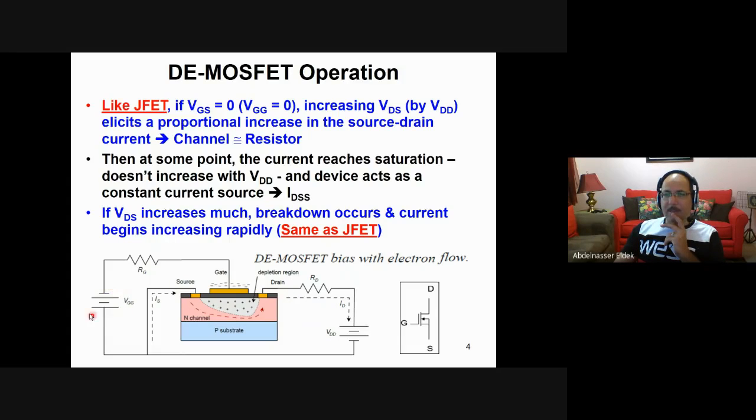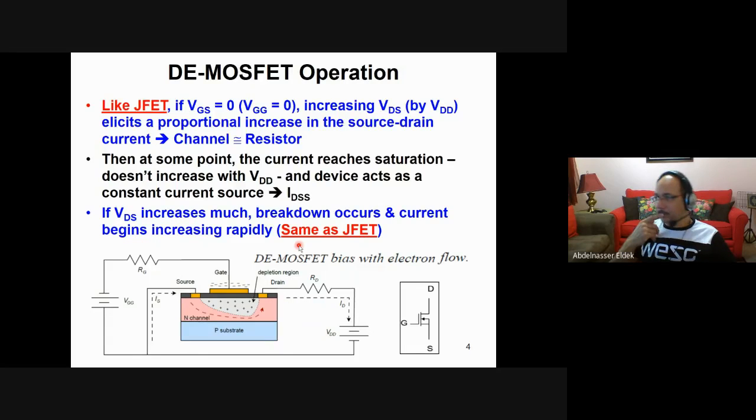And at a certain voltage for VGG, you will block this area completely. Then you will have no current at all, no electron current between the source and the drain. So it is exactly the same as the JFET. I really don't know until now what the difference is here between MOSFET and JFET.